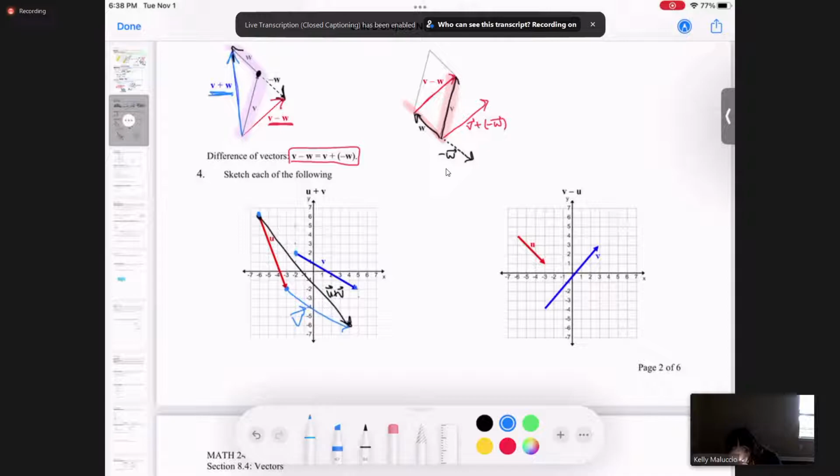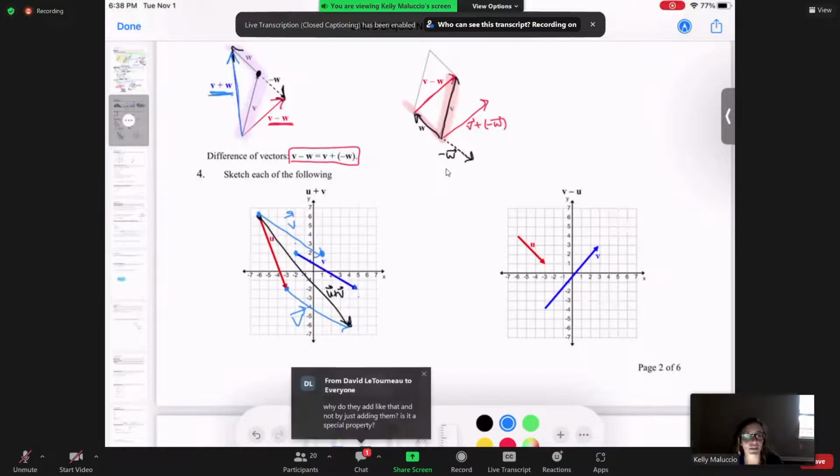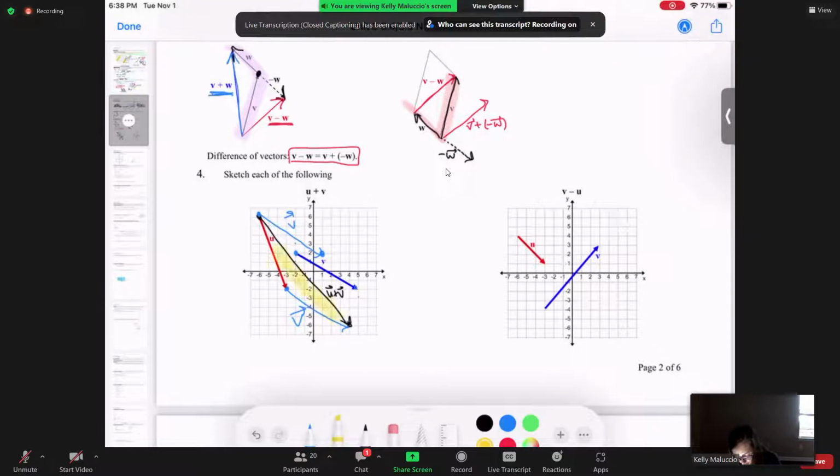Hopefully I'm doing this right, but I would go up 4 and left 4, and I would draw this, which is also V. These are all the same V's, but now what I did is fine, and notice u plus v doesn't change for either one.